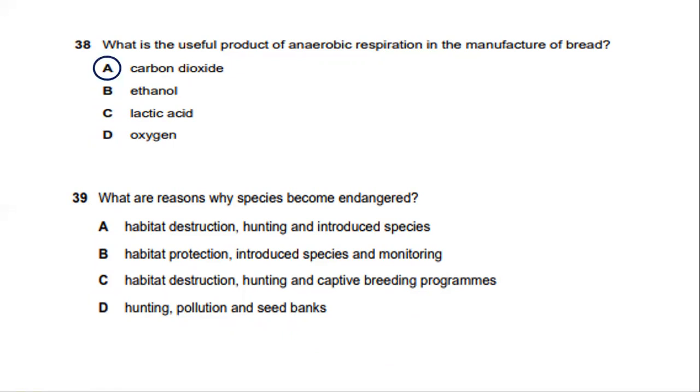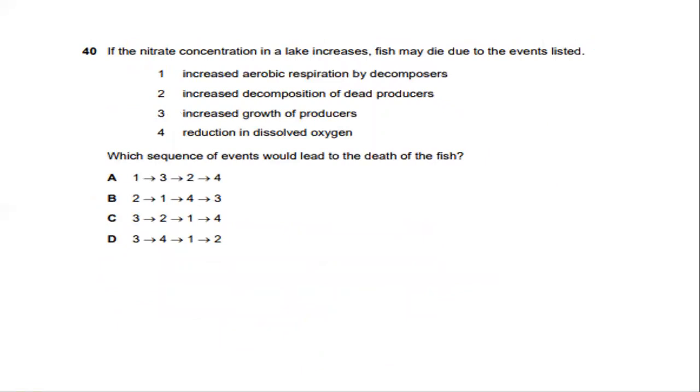And number 39 is, what are reasons why species become endangered? The answer for this is A, habitat destruction, hunting, and introduced species. And finally, if the nitrate concentration in a lake increases, fish may die due to the events listed.